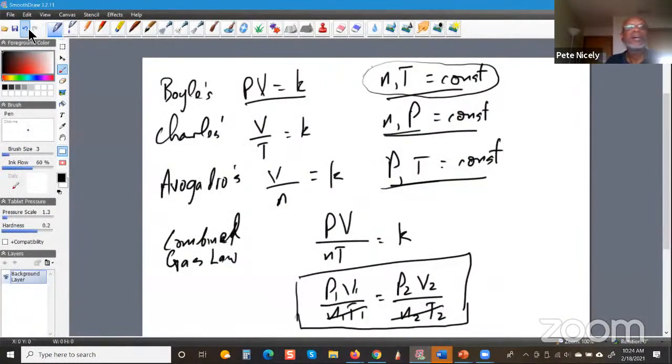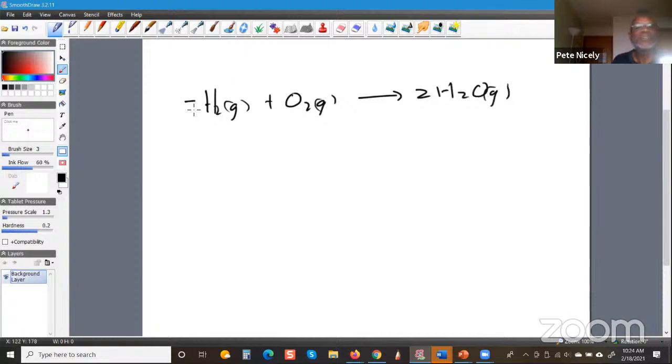Okay, so let's say the equation for the reaction is H2 gas plus O2 gas to give H2O gas, and to balance this, we're going to need a 2 here, right?